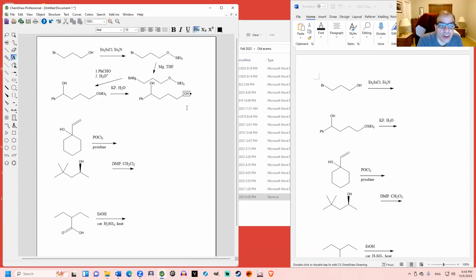You deprotect the alcohol. So what you need to know is that on treating a silyl ether with a fluoride salt, could be potassium or sodium fluoride, doesn't matter which fluoride salt, in the presence of a protic solvent like water, you will get the alcohol back. And you'll get triethyl fluorosilane.